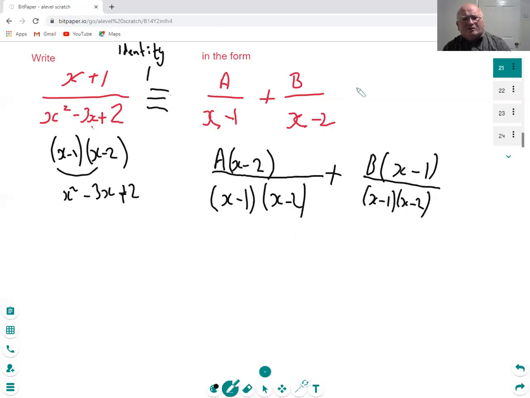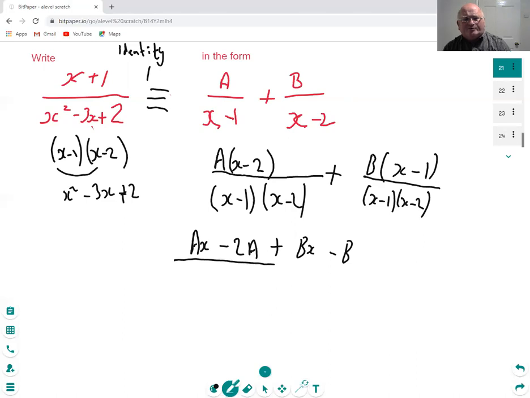Okay, so now I'm going to multiply top and bottom out. So we've got ax minus 2a plus bx minus b. I'll just multiply the top brackets out.